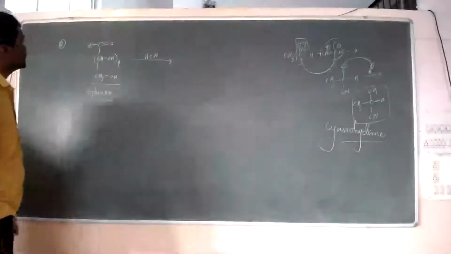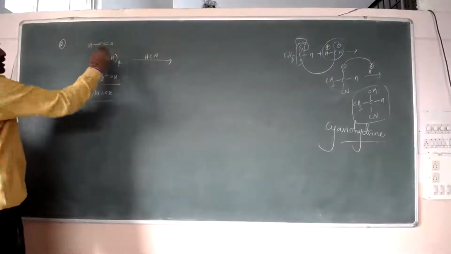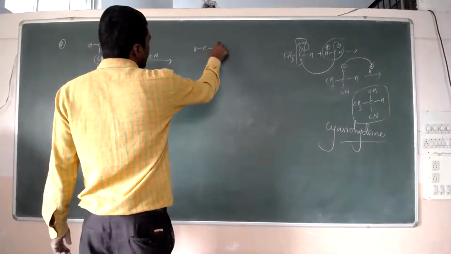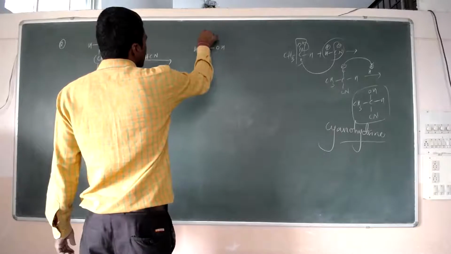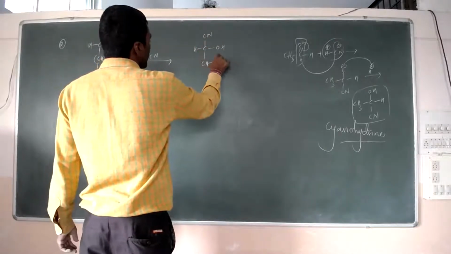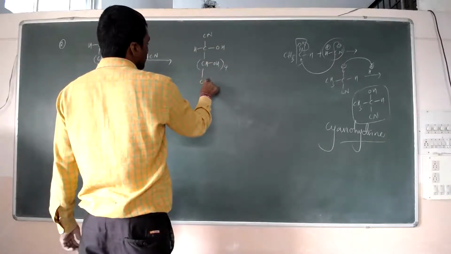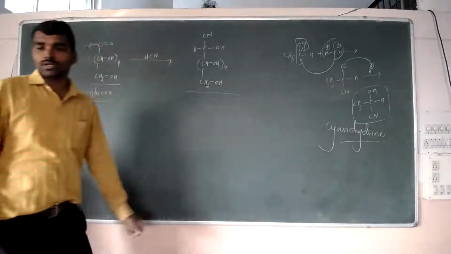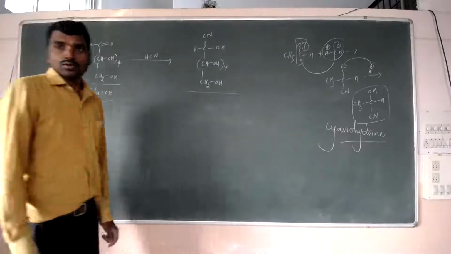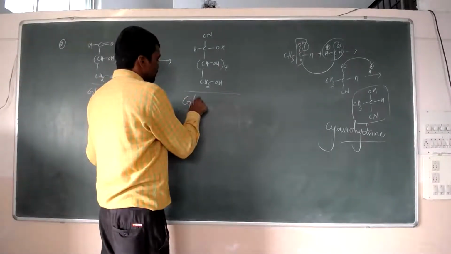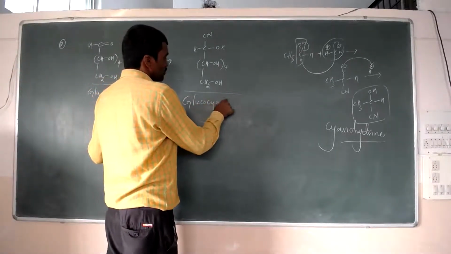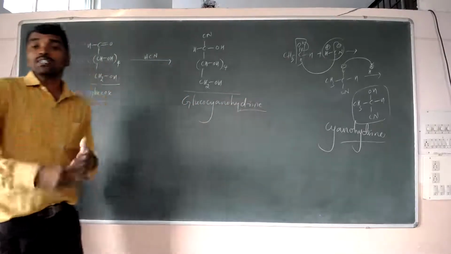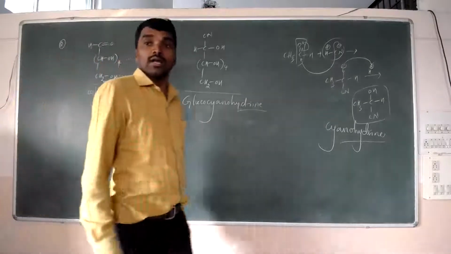Now let us check this reaction of glucose with HCN. The product formed is CHOH, CN, CHOH, up to CH2OH. What is this? Glucose cyanohydrin will be formed. What is confirmed by this reaction, sir?